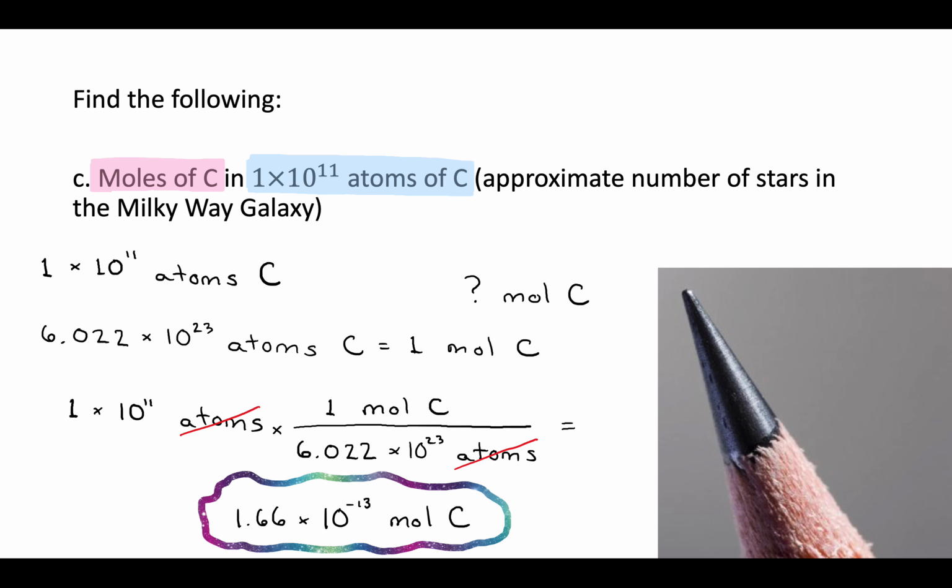So you can get a sense of how big a mole is. If all the stars in our galaxy add up to such a small proportion of a mole, that would be a 0 point and then 12 zeros and then 166 of a mole of carbon.